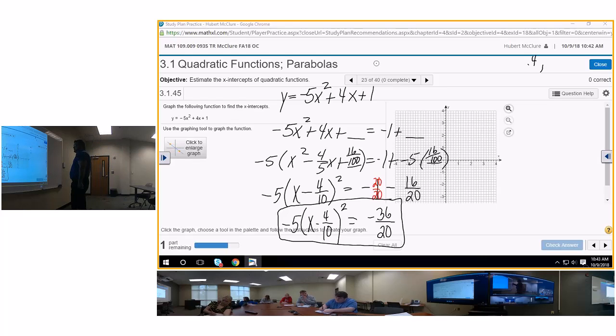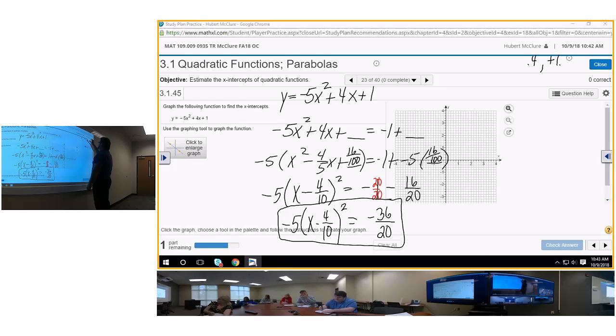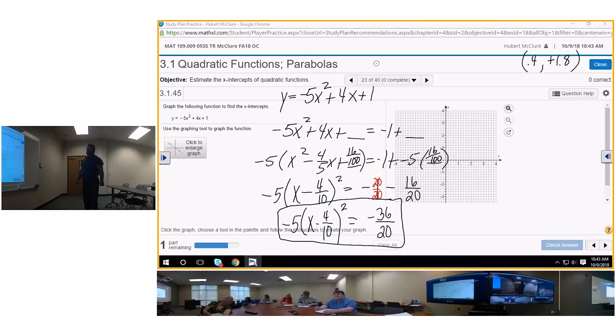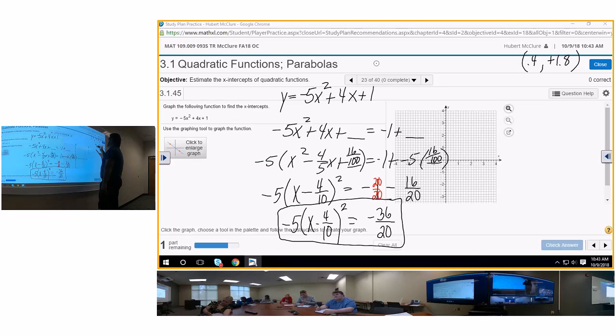Somebody check me. -1.8. Yep, positive 1.8. So there's your vertex. And yes, you can do that without a calculator. And if you don't know how to get those decimals without a calculator, you need to see me because that's basic math. All right, so that's your vertex.